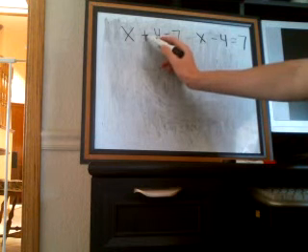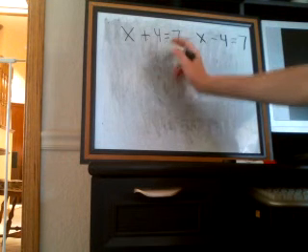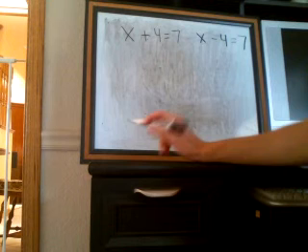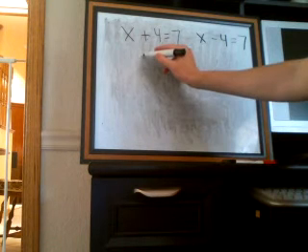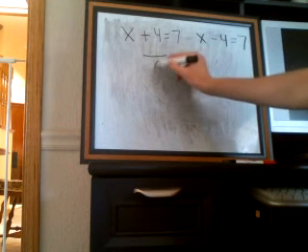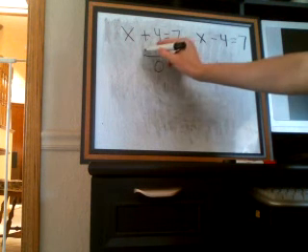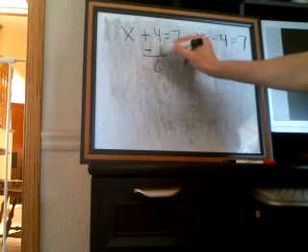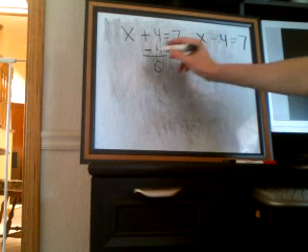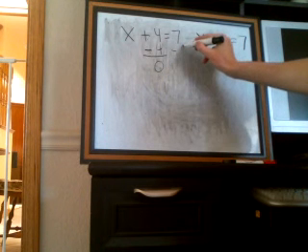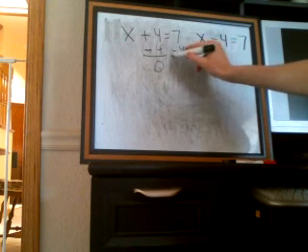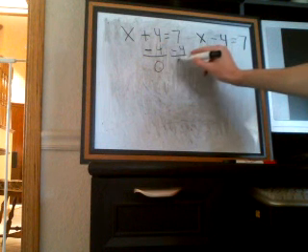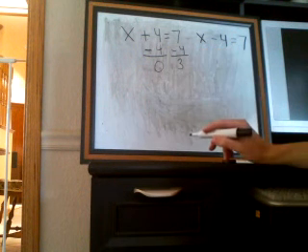And this right here is plus 4, which means a positive 4. And in order to go from positive 4 to 0, you have to subtract 4. And then you also have to do the same thing on the right side. So 7 minus 4 equals 3 on the right side.